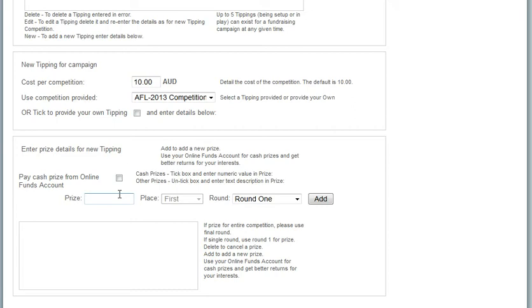Where the currencies match, then you can set up the tipping competition and you can offer the cash prize. Where a user coming to do that tipping competition is operating in a different currency, they are not allowed to enter that particular tipping competition because of the currency conversion associated with the transfer from one online funds account to another.